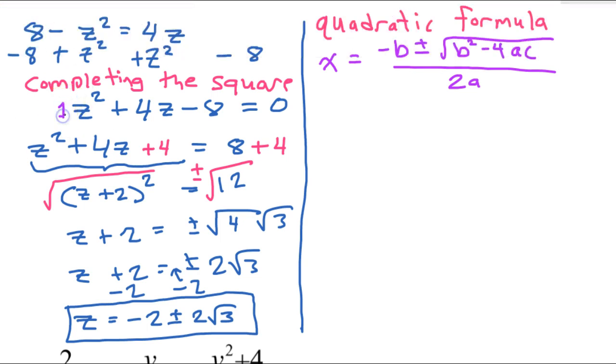A is 1, B is 4, C is negative 8. This is the equation that we're solving. Okay?